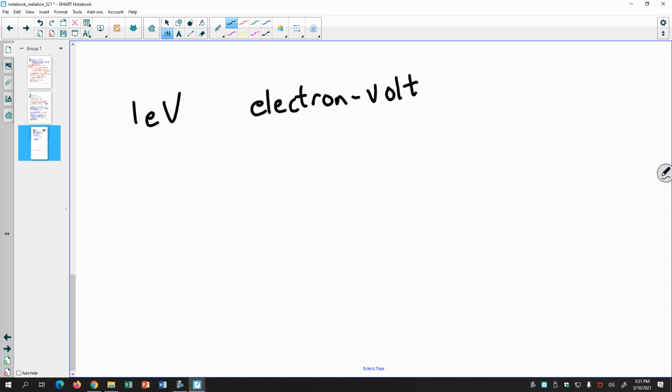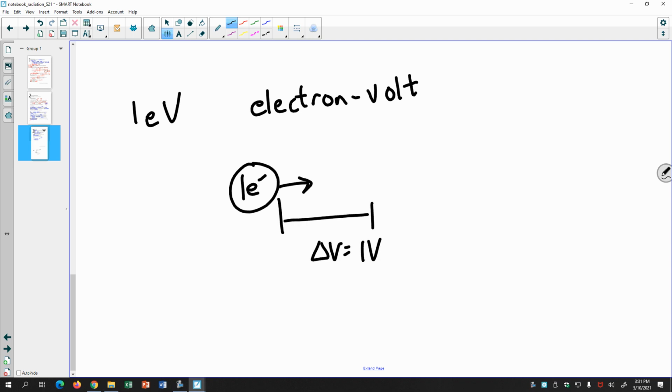If I have one electron and it moves across a potential difference of 1 volt, the amount of energy required for it to move from here to here, the change in energy for that is equal to 1 electron volt. So that's how we define that.